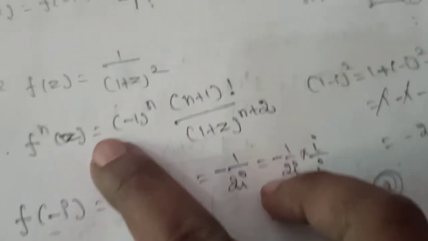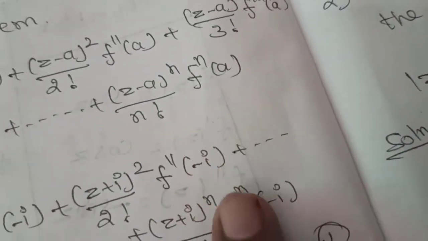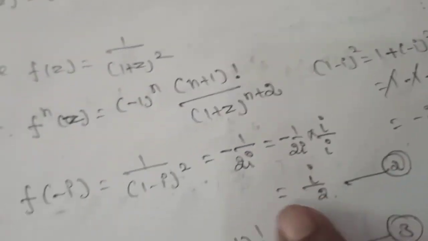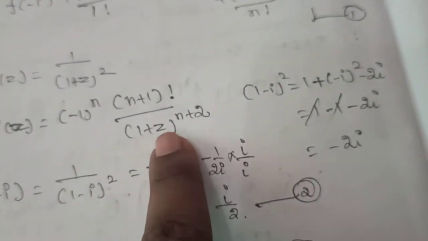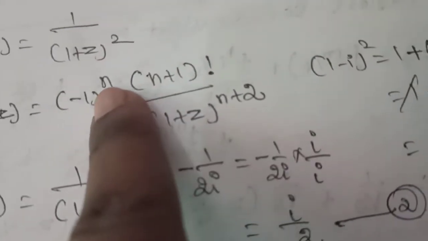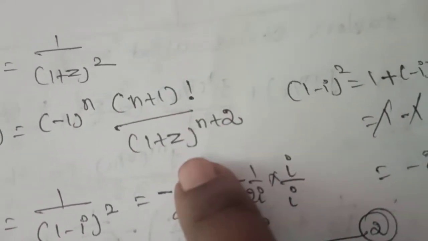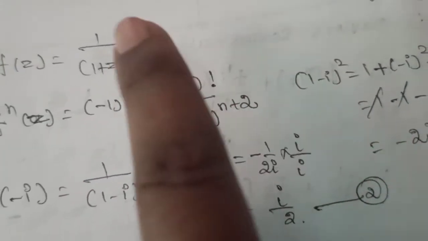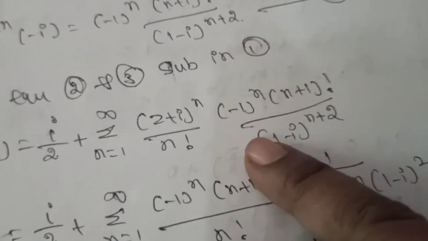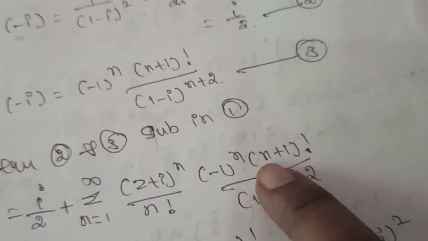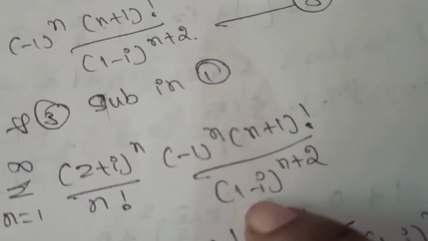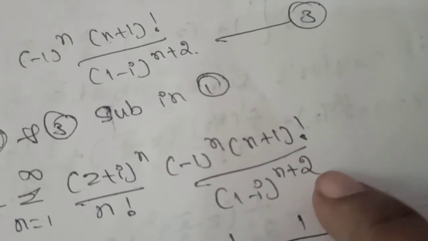What will become f^(n) at minus i? We already did this value: (minus 1) to the power n into (n plus 1) factorial divided by (1 plus z) to the power n plus 2. Substituting here, that is (minus 1) to the power n into (n plus 1) factorial divided by (1 minus i) to the power n plus 2.